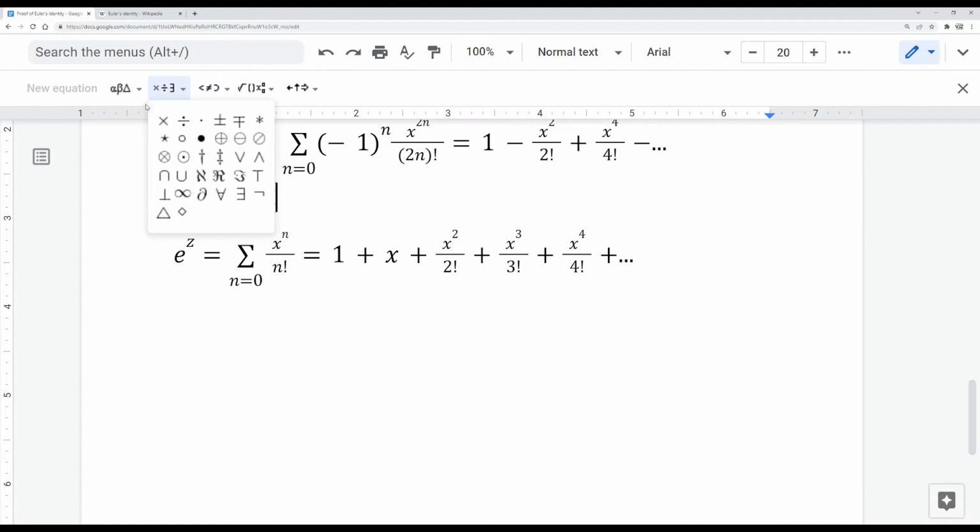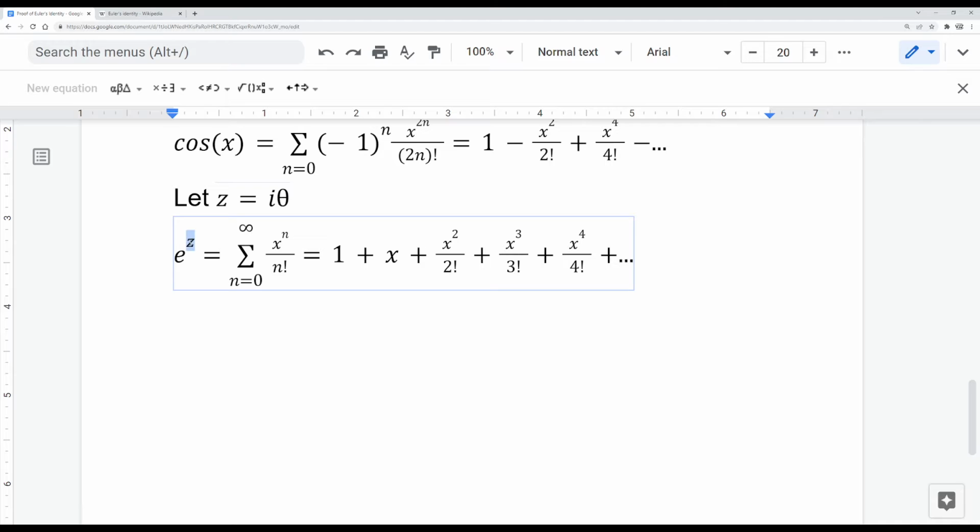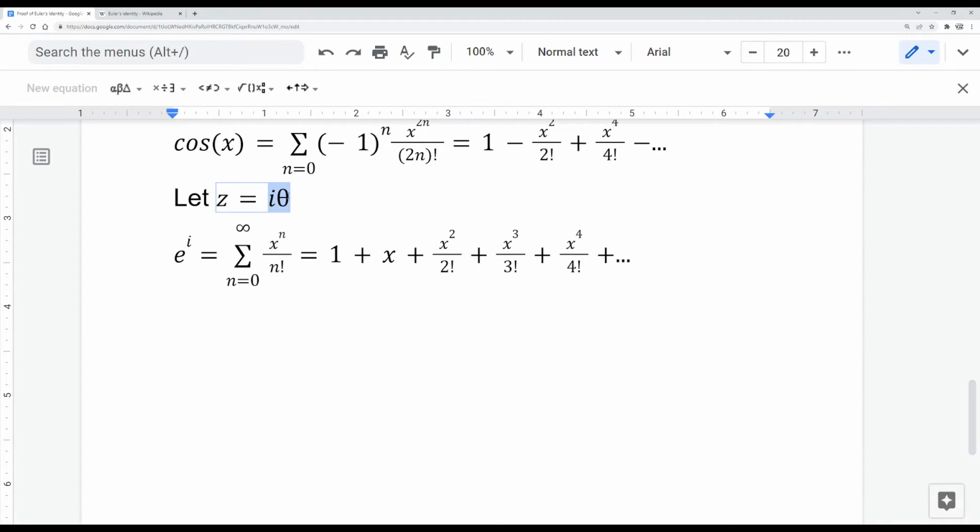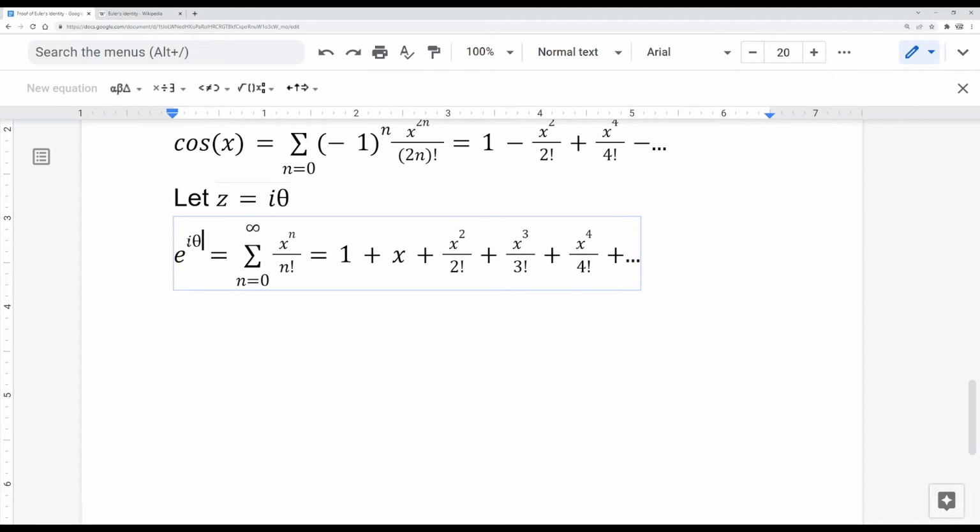We'll let it equal i theta, because it's complex, and then we're going to add an angle here. Okay, so therefore, this will just become i theta. If I can type that right, there we go.